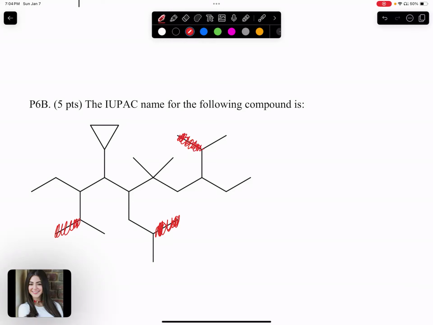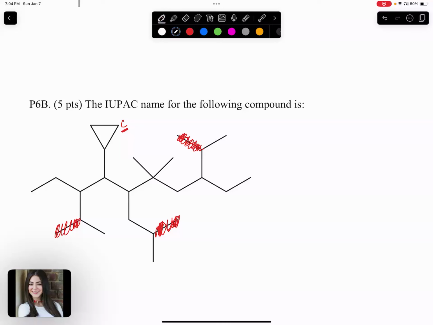So view it like that without making things substituents. We'll consider this alphabetically as C because it's a cyclopropyl group. So where am I numbered? Left to right, right to left.